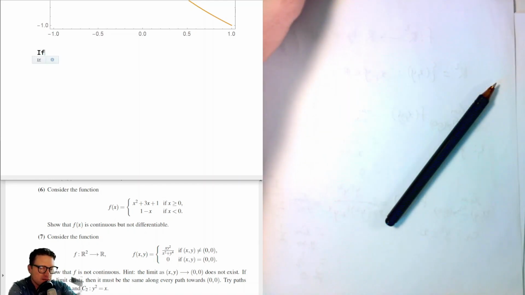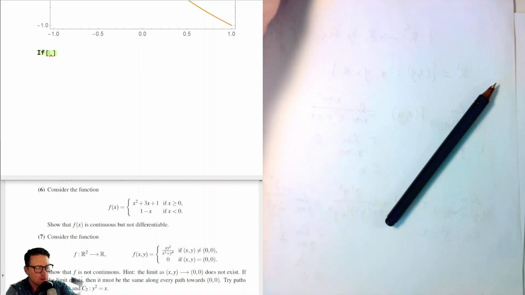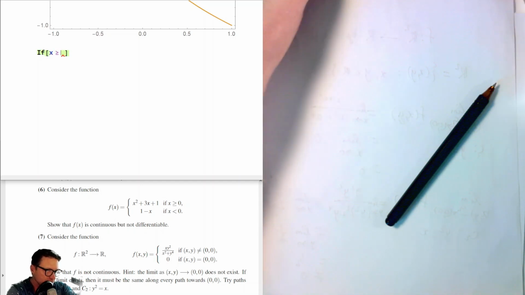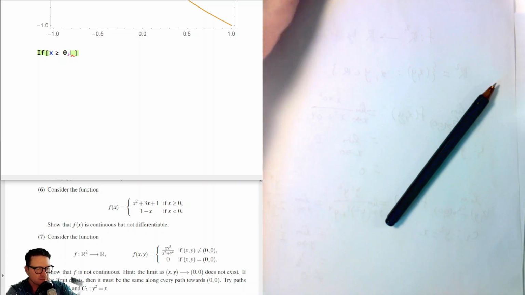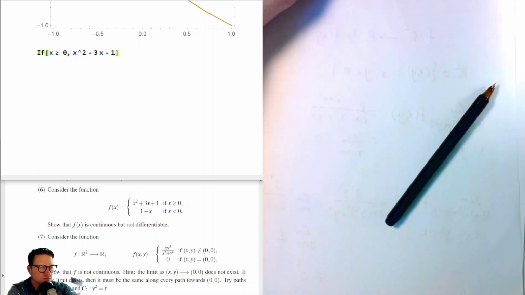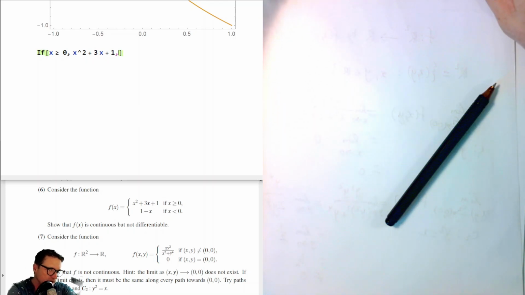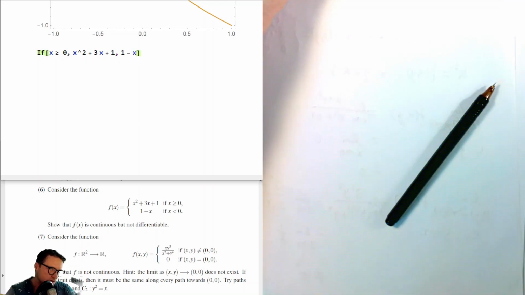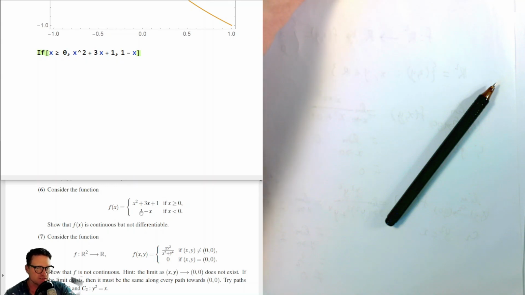So I'll just write in an if here. So if x is greater or equal to 0, then I want x squared plus 3x plus 1, and otherwise I want 1 minus x. All right, so that is a conditional giving me this definition there. But incidentally, the domain of this function is all real numbers.